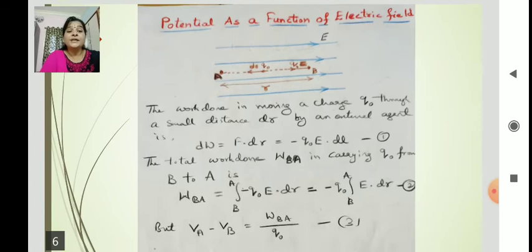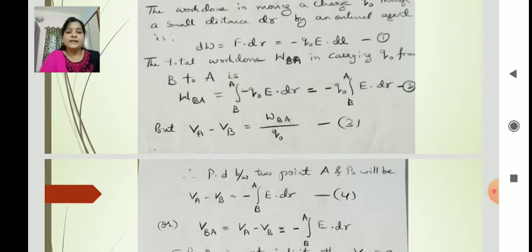Now the total work done in bringing the charge from point B to point A is WBA. When this charge Q naught is brought to point A from B, some external work is done by an external agent, and that work done is shown as WBA.